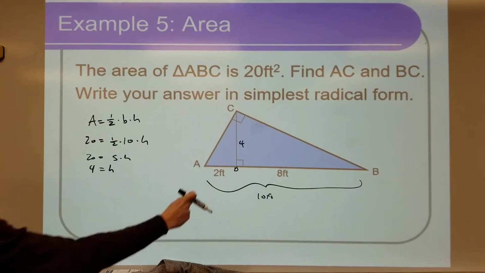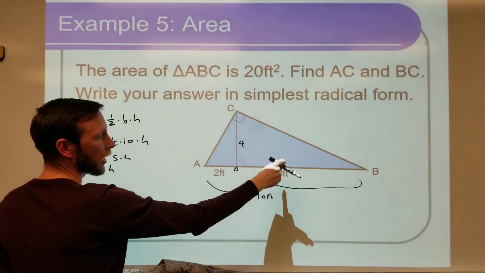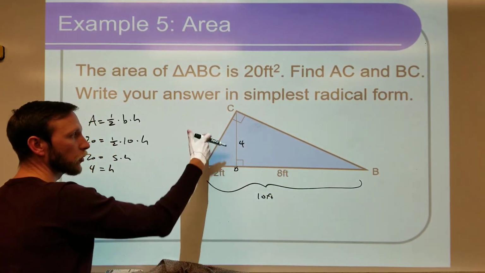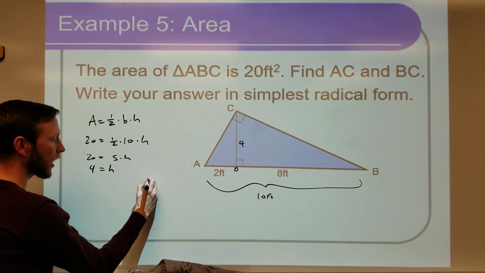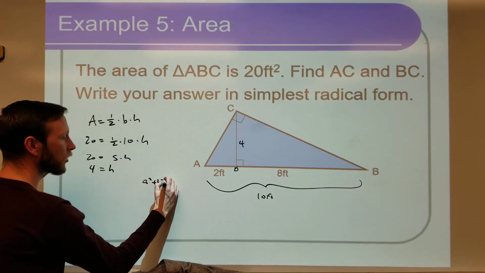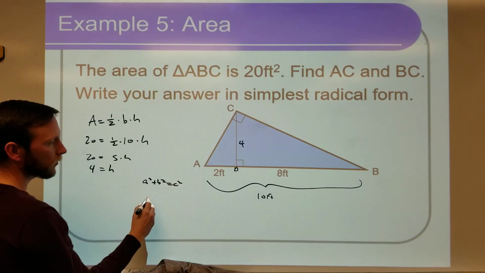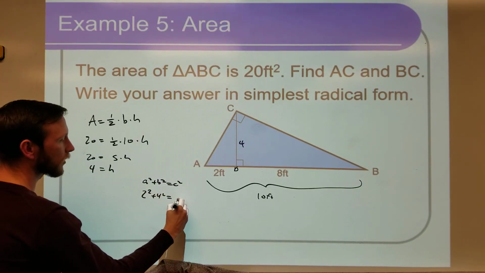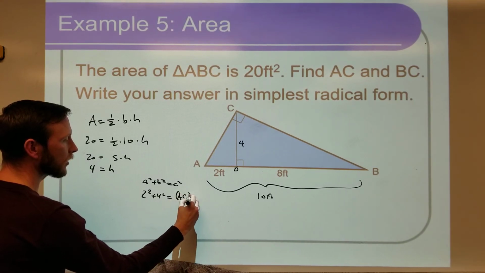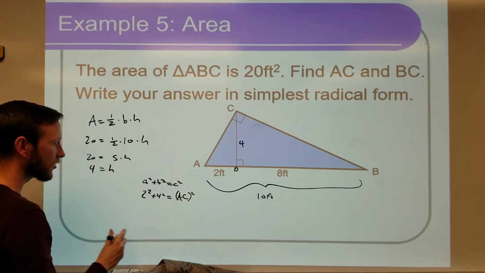And we can use a squared plus b squared makes c squared, so that we can know the lengths of these segments. All right, so let's go ahead and do that. A squared and b squared make c squared. We're going to have 2 feet and 4 feet make the length of segment AC squared, right? We're trying to find the length of segment AC.